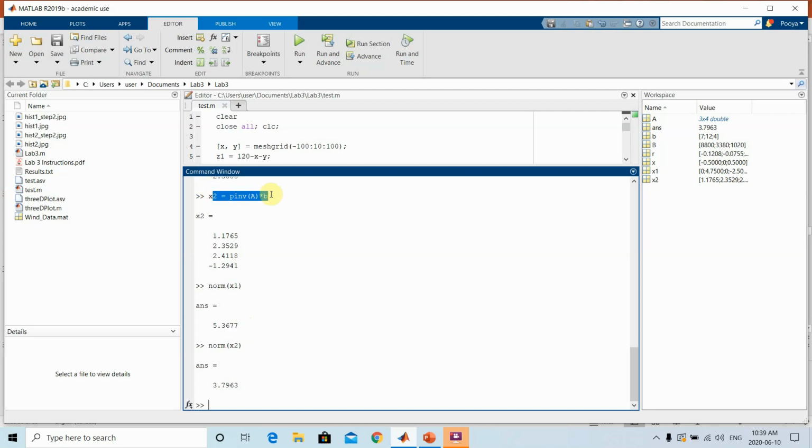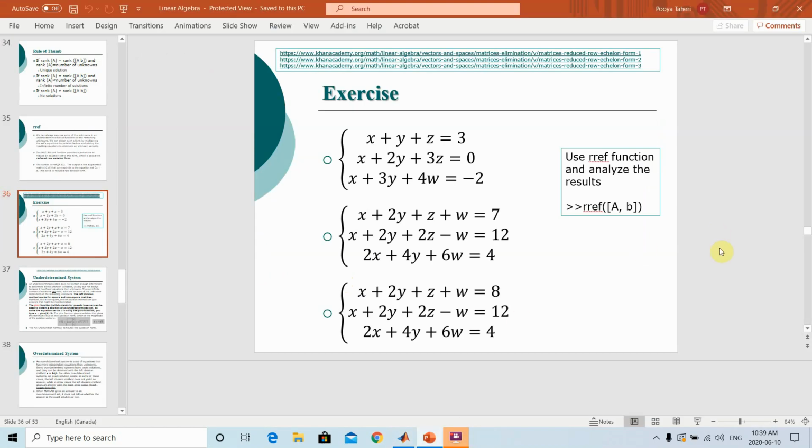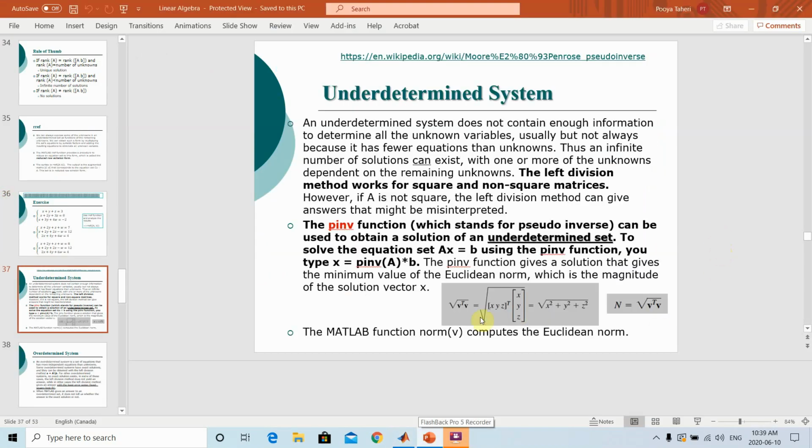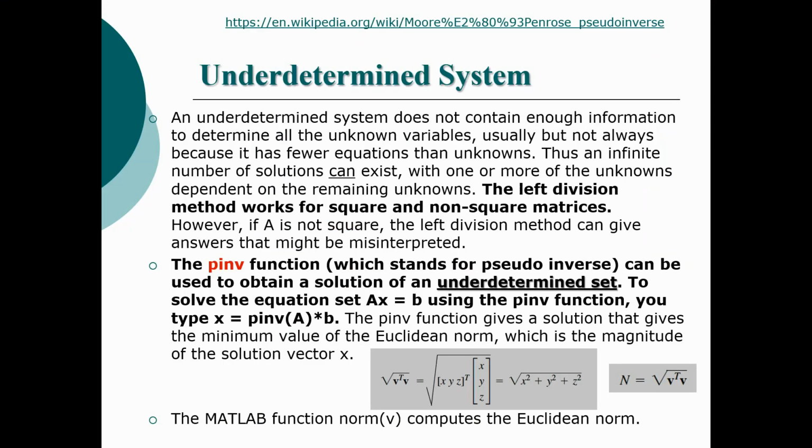So out of the infinite number of solutions, this method would give us the solution that has the smallest norm. What is norm? Norm is a method that we use to measure vectors, right? Because if I give you the numbers 5 and 2, you can just tell which one is bigger.